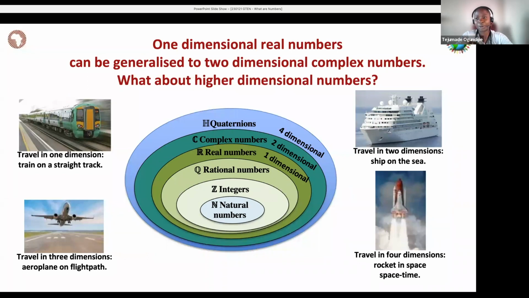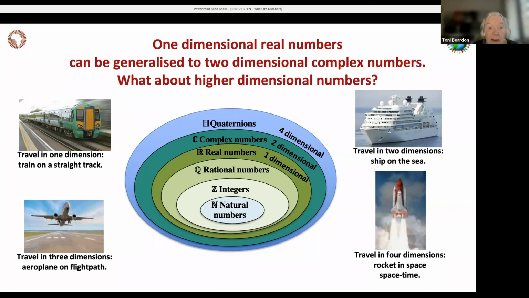What about ships? They travel in 2 dimensions on the sea. And then we talk of rockets in 4 dimensions. So we can call real numbers 1-dimensional, complex numbers 2-dimensional, and quaternions 4-dimensional.